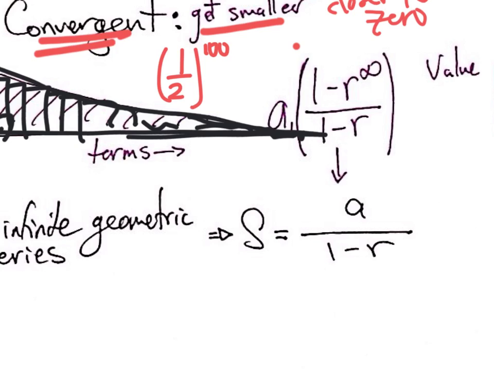It's going to be a really small number. The bigger the exponent gets, the closer and closer this gets to 0. So when we talk about r as something that's less than 1 to the infinity, this is basically 0. So if this is 0, we have a sub 1 times 1 over 1 minus r. And our formula simplifies to this. That's a sub 1, the value of the first term.